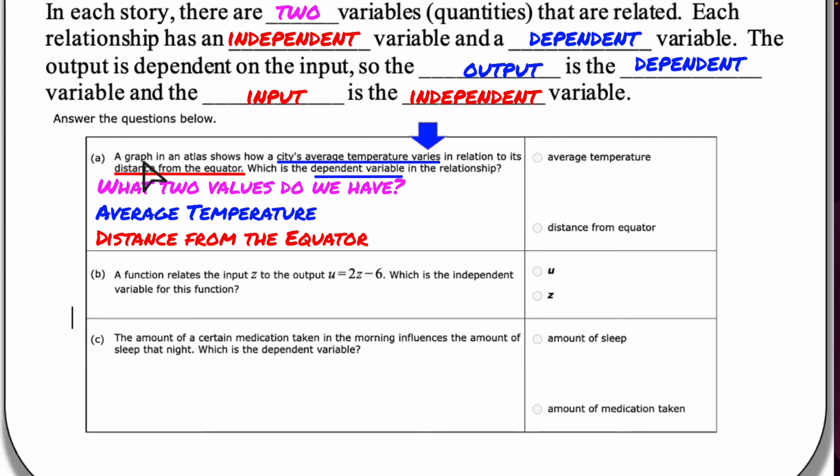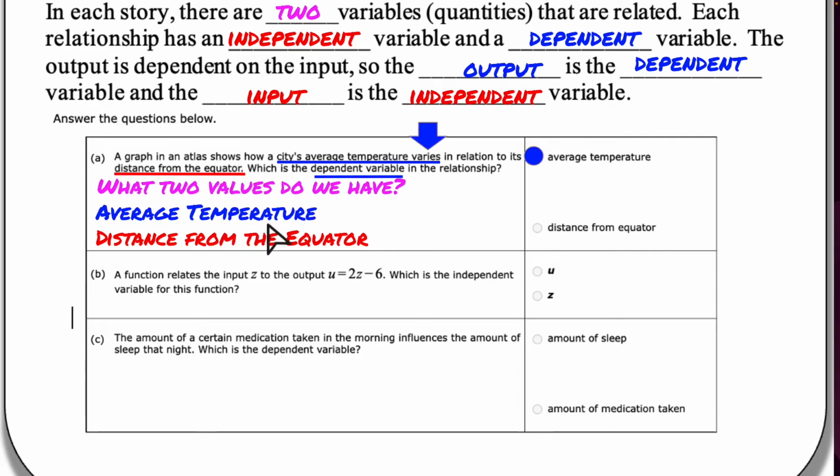So it's dependent on its distance away from the equator. So the average temperature is our dependent one. So the distance from the equator, if by chance I'm farther away from the equator, which should theoretically give me different temperatures, doesn't mean I have to have different temperatures. But the average temperature is dependent based on where we are from the equator. So one will change the other, but it doesn't necessarily mean that it's wrong if we're the other way around.